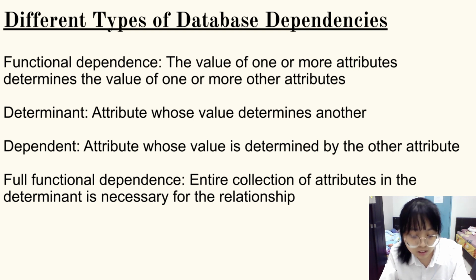The next is the dependent. It is the attribute whose value is determined by the other attribute. The last is full functional dependence. It means the entire collection of attributes in the determinant is necessary for the relationship.